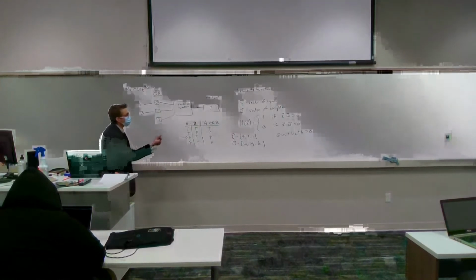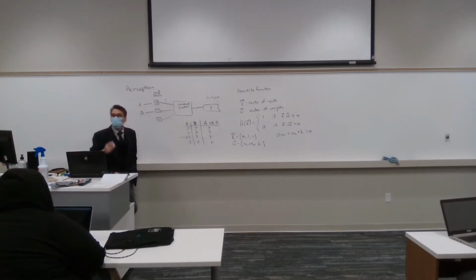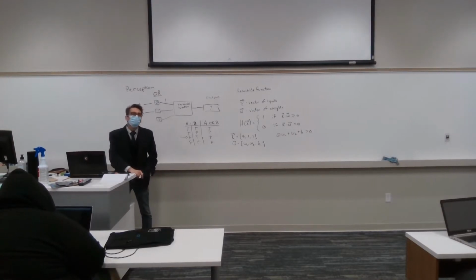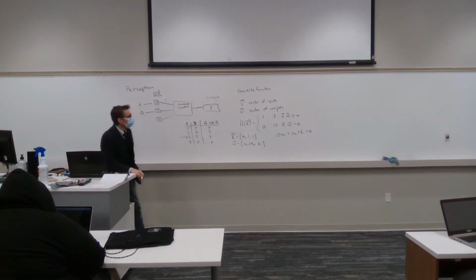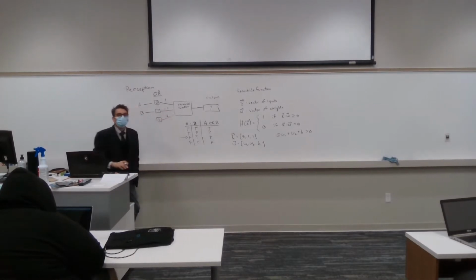Okay, so what happens? W1 can be anything, so let's just say 1. W2, can W2 be negative? Yeah. As long as B is greater in absolute value, right? So W2 could be -1 and B could be 2. And that would give us the right output.